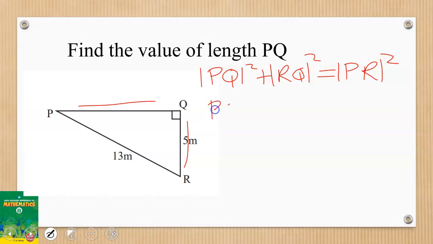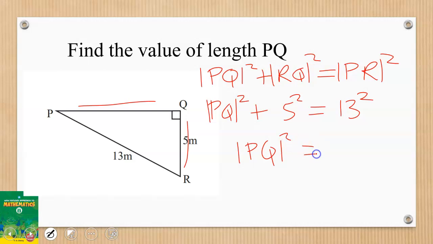Now, I'm making PQ the subject because that's what I want. RQ has been given as 5, so 5 squared, and then PR is 13, so 13 squared. So my PQ squared should be equal to 13 squared, which is 169, minus 25. That is grouping like terms.